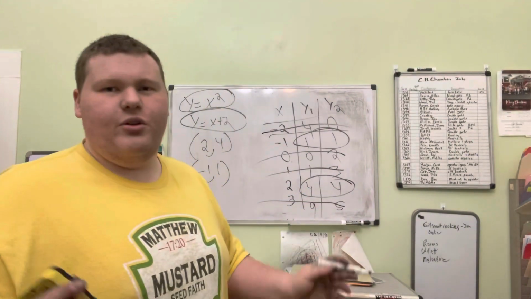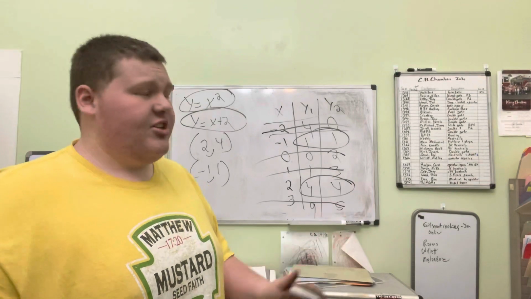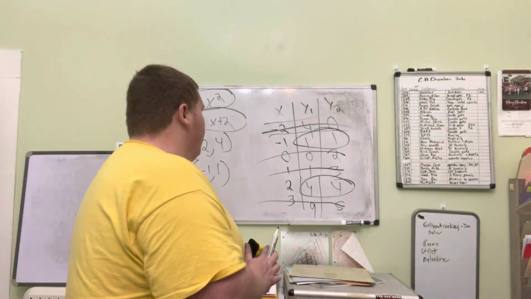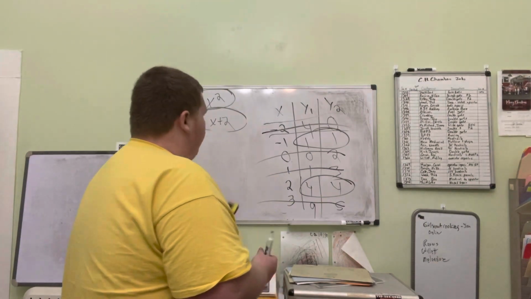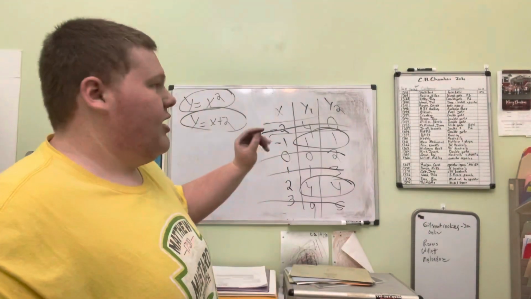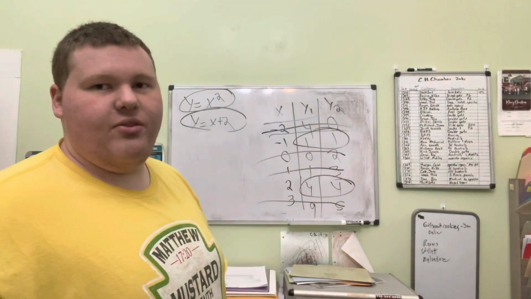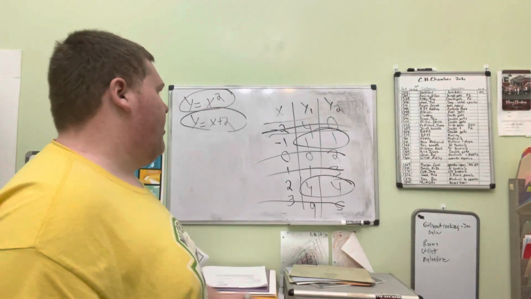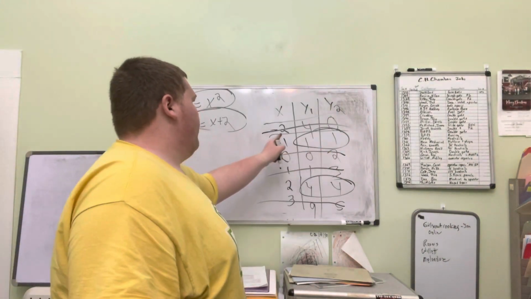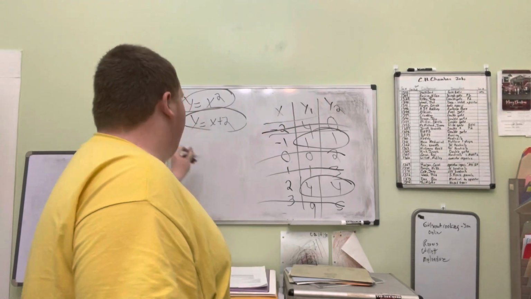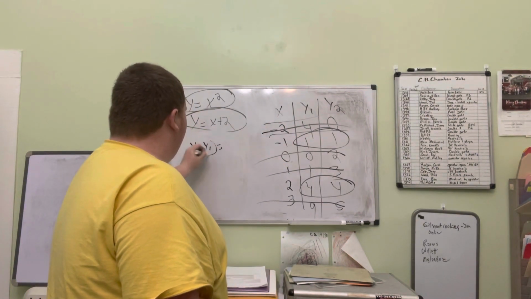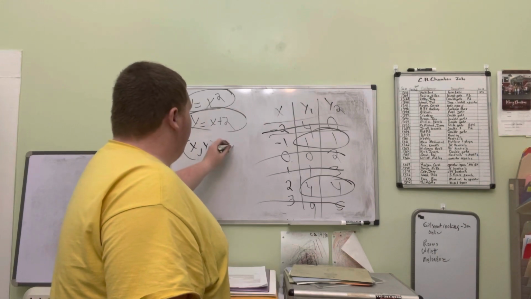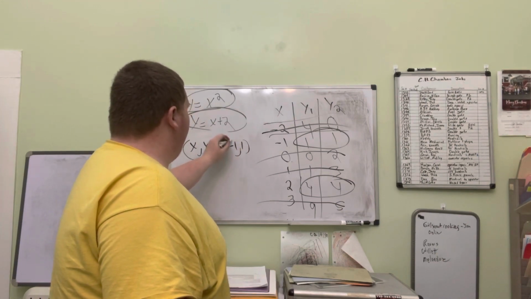What does this mean? If we use the knowledge that I just gave you, we would understand that these two rows on this table will show us the two solutions. Let me show you how. Let's look at this one, for example. For x and y1, that equals negative 1, 1.